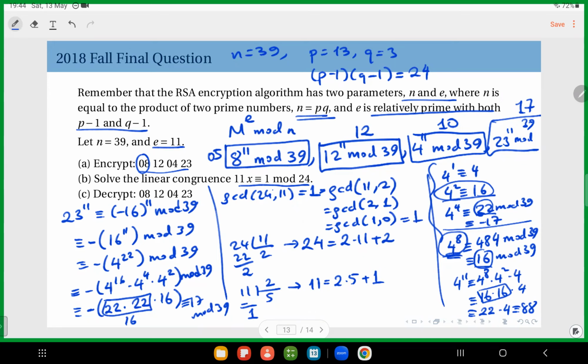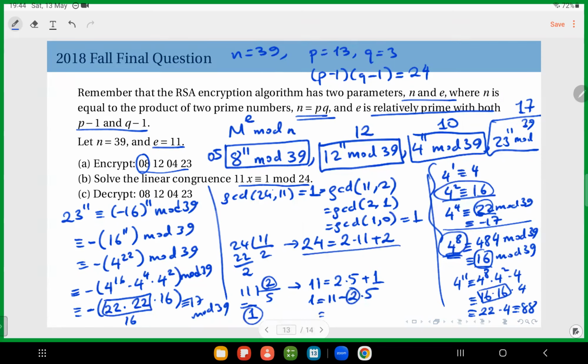The only thing I need at this point is the Bezout coefficient. So I'm going to work my way backwards. I can write this remainder 1 as 11 minus 2 times 5. And I can replace this 2 here with this relationship here.